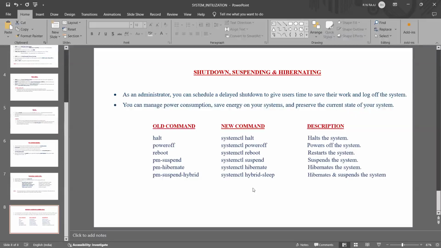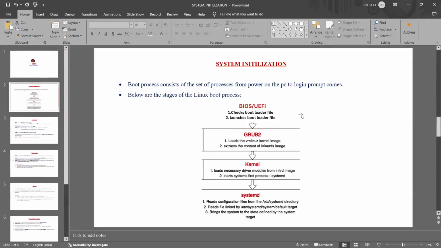So this is the overall Linux booting process. But once again, here we need to explain the system booting process, or system initialization process. So you definitely explain these 4 points, I mean the main points.